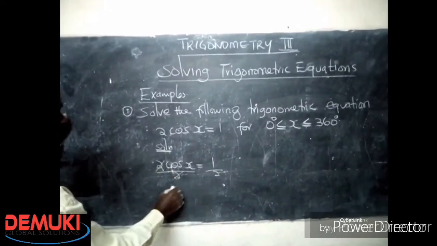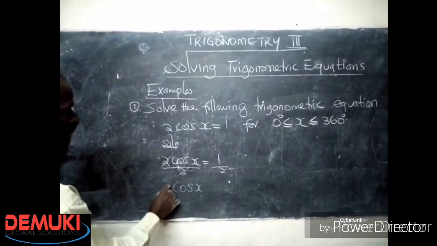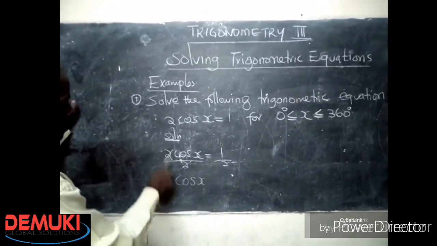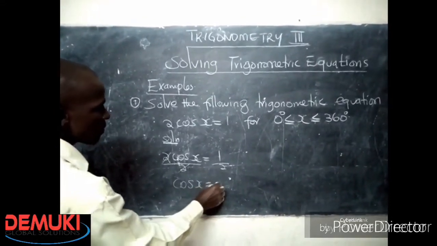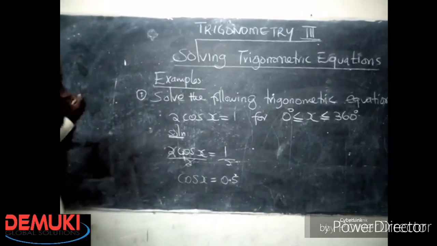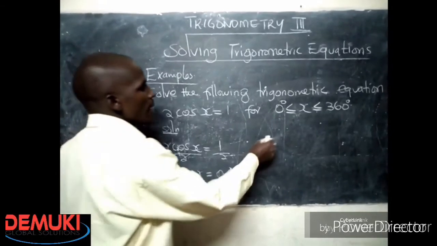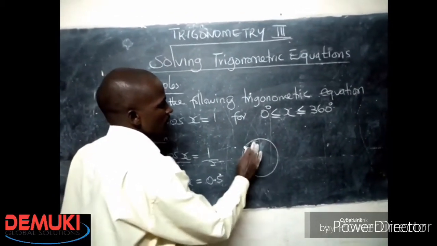So this gives you cos x. The cosine has a coefficient of 1 here. After dividing, cos x shall be equal to a positive 0.5. This is positive.